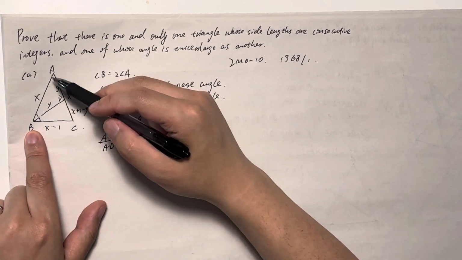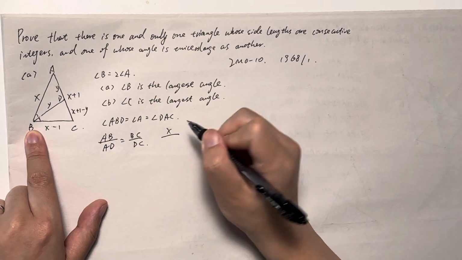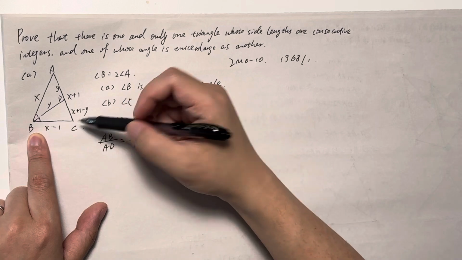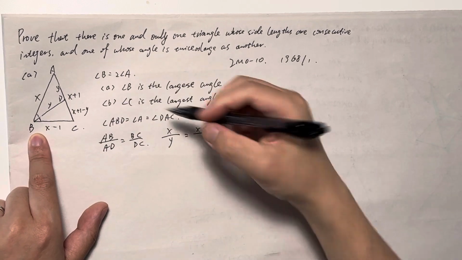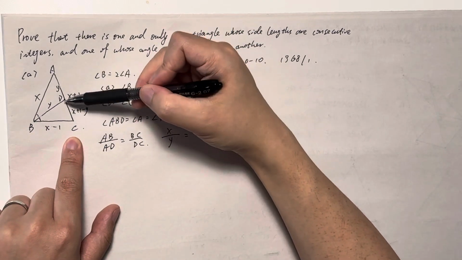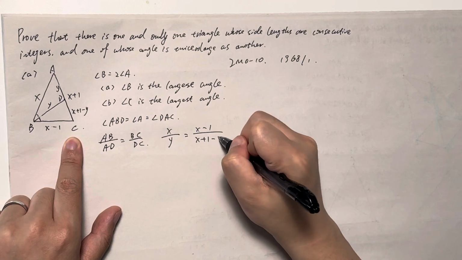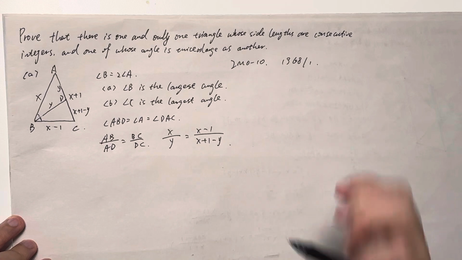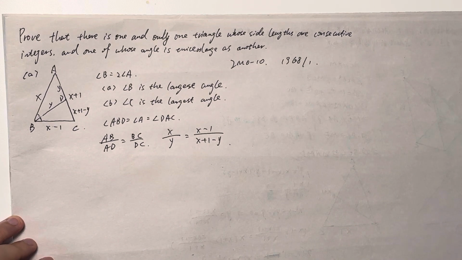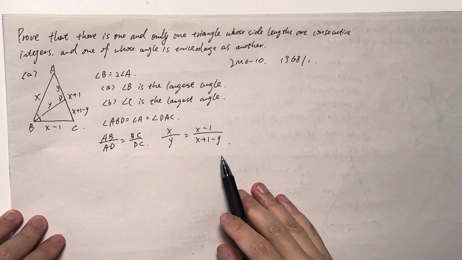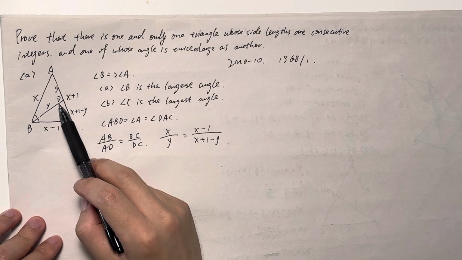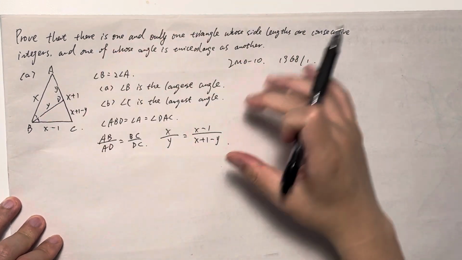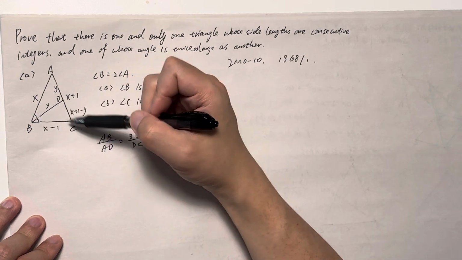That means AB, x, divided by AD, y, equals BC, x minus 1, divided by DC, x plus 1 minus y. This is the first equation, and we can get the second equation by Stewart's theorem, that BD squared equals the long expression from AB, BC.